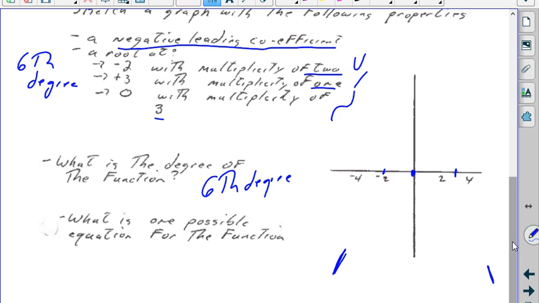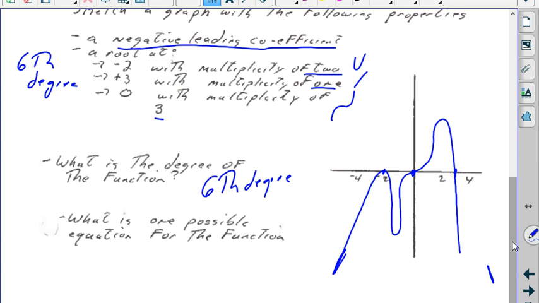We have a point of tangency at -2, a point of inflection at 0, and crossing the x-axis at 3.